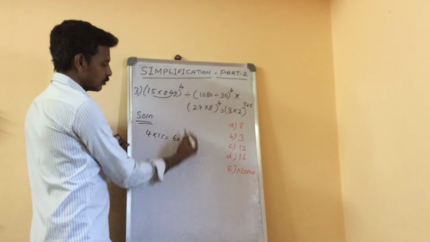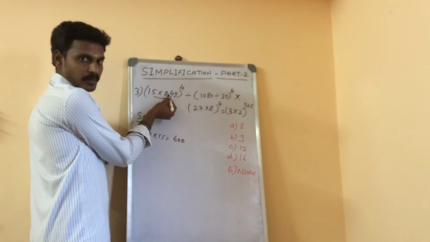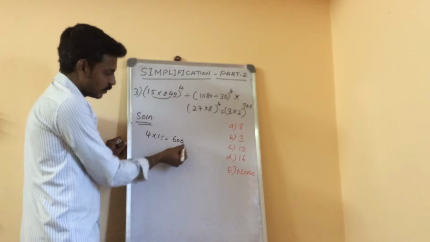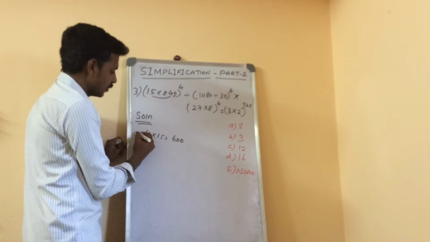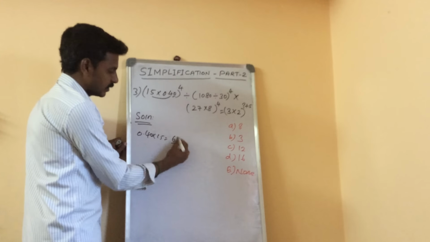You can add this 0 here. Then we need to give the decimal point before 2 digits. So the answer is 0.406.